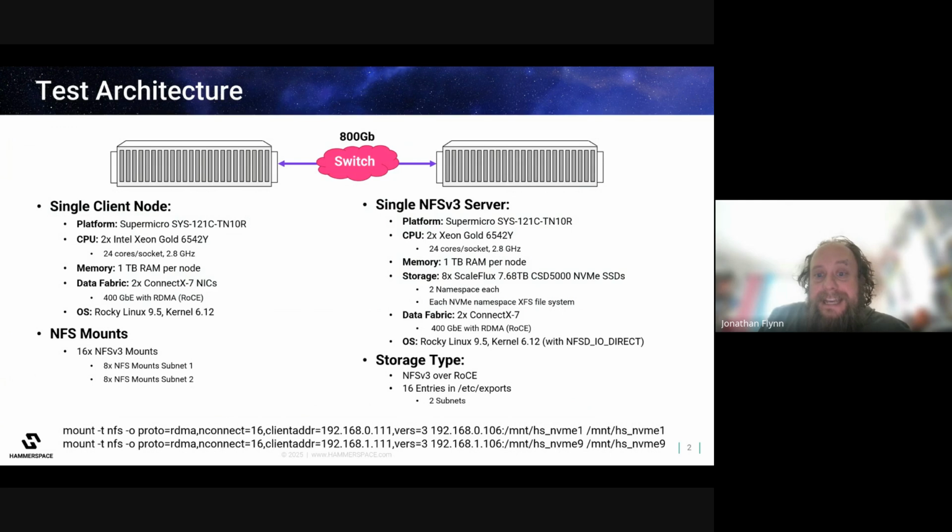I have 2 namespaces each, so 16 separate exports. So from the client side, that is 16 different mount commands. Since I have 2 networks, for simplicity I configured 2 subnets. So I'm simply mounting 8 mounts over one subnet, 8 mounts over the other with nconnect 16. My network happens to be already RDMA capable, so you'll notice that in there. But otherwise, fairly simple configuration.